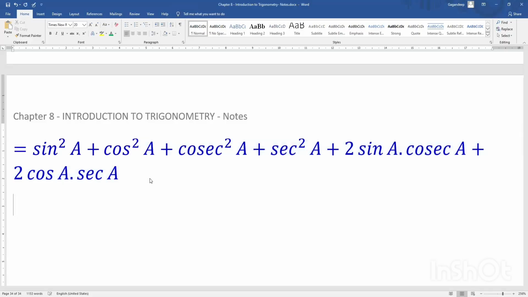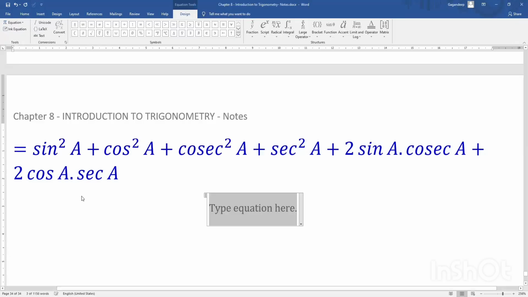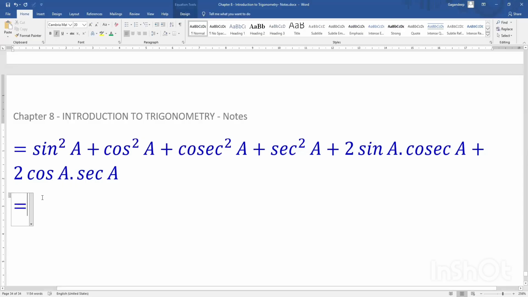Okay. Now this is equal to, now we know that sin square A plus cos square A is nothing but 1.